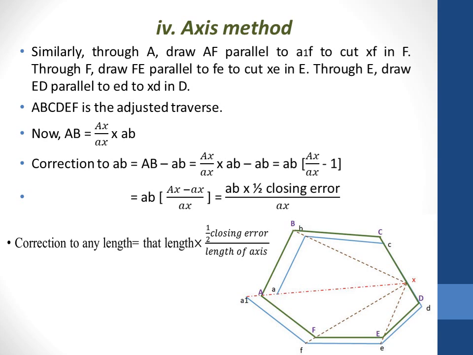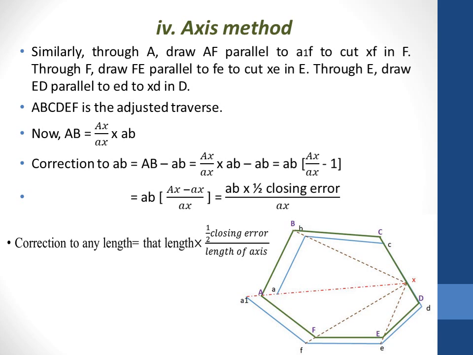Doing simple mathematics, you will get small ab into capital AX minus small ax by small ax. What is this capital AX minus small ax? Just see the figure. Capital AX minus small ax is half of the closing error.